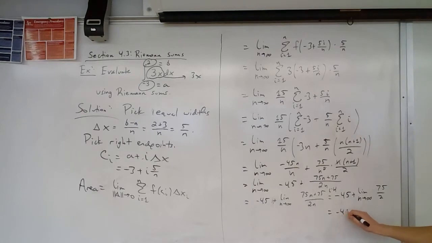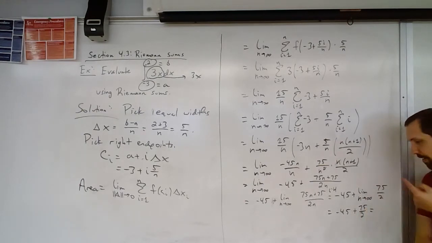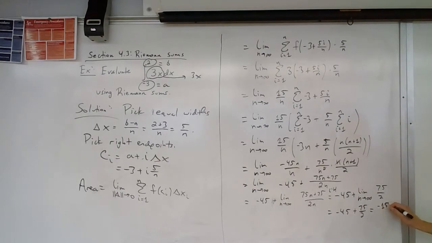So I have negative 45 plus 75 over 2, which, if I find common denominators, would be negative 90 over 2. So negative 90 plus 75 would be negative 15 over 2. Or in other words, this is negative 7.5.